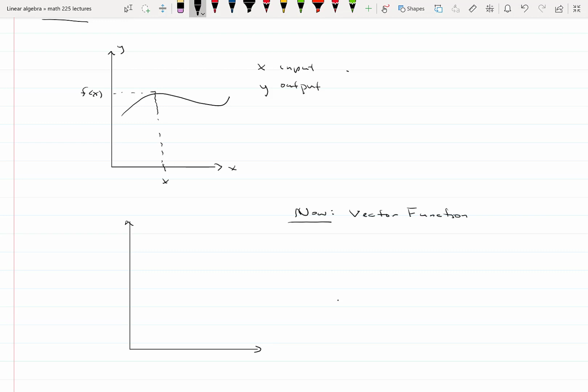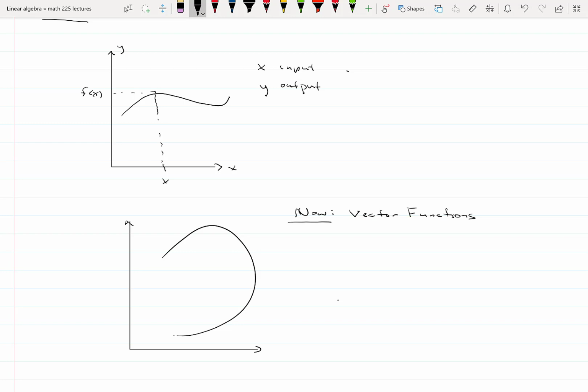Vector functions. Just like before, we're looking at curves, but these curves don't necessarily represent functions where y is a function of x. Obviously this backward C-looking curve doesn't pass the vertical line test. It's not a function. One x value gives more than one y value.